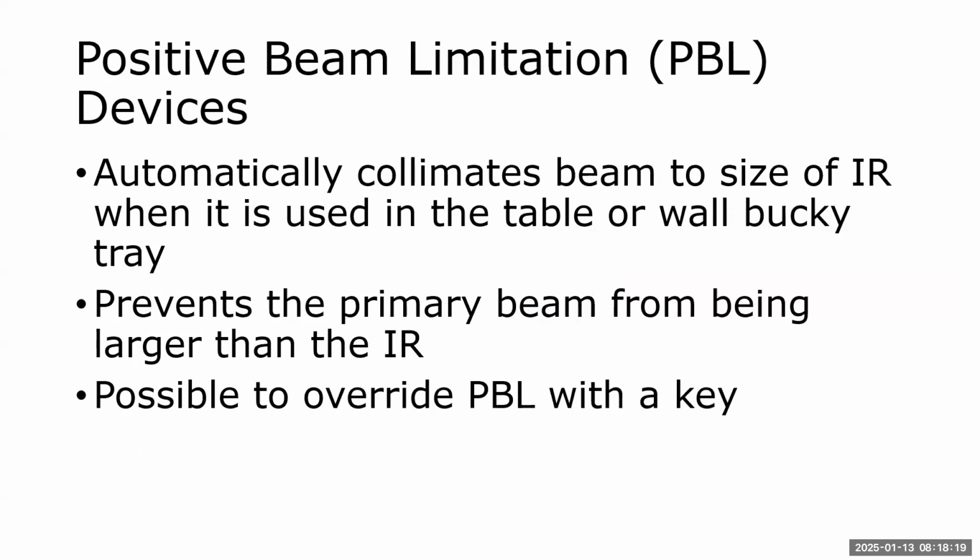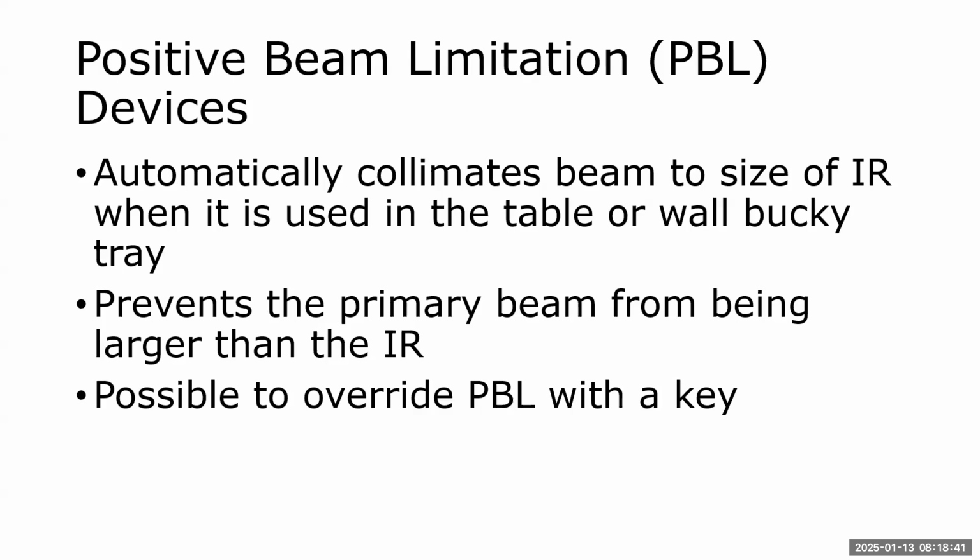PBL is positive beam limitation device. It automatically collimates the beam to the size of the IR when it's used in the table or the wall bucky tray, because there's sensors in there that sense the size of the IR. So when we had small IRs, okay, we didn't have just the one big size.